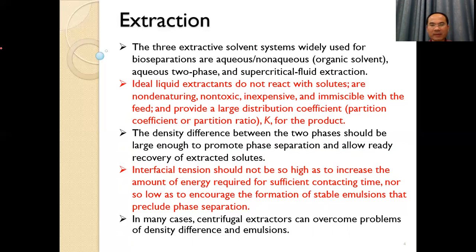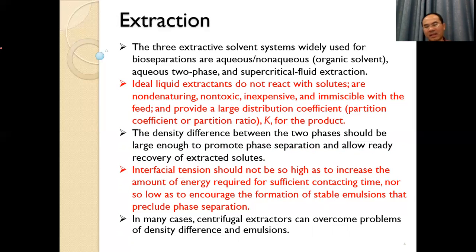But the interfacial tension should also not be so low, because low interfacial energy may lead to emulsion formation, which is a problem for separation.